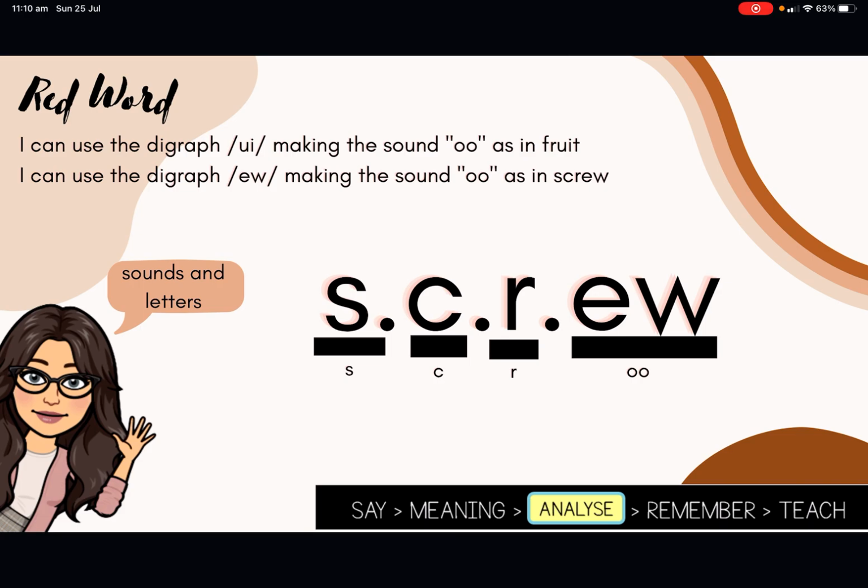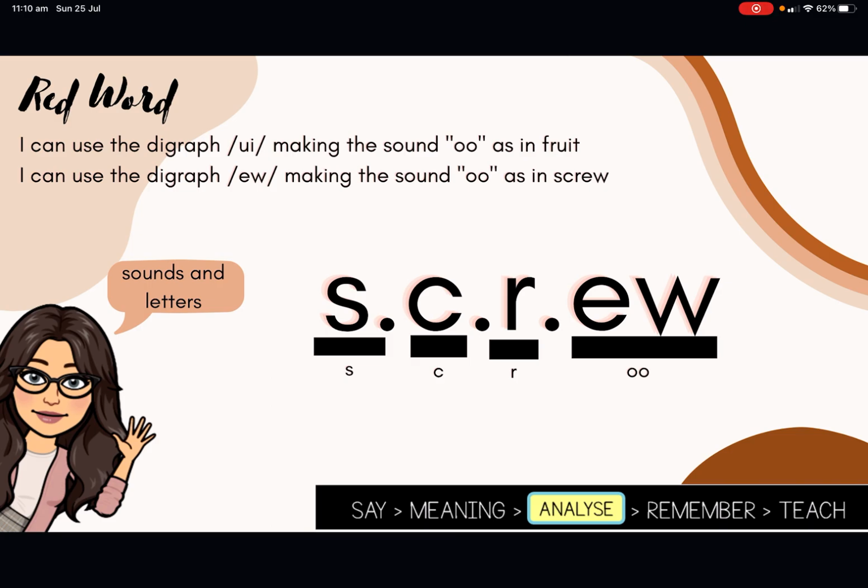So the letters are S, C, R, E, W. Now we can see that in this word screw, we are following the digraph focus of EW, and the EW in the word screw is making the oo sound. Now when we say and when we spell these words, whenever we have a digraph or a trigraph or a quadgraph, we say those letters quite quickly together so that we can remember that they are making just one sound.